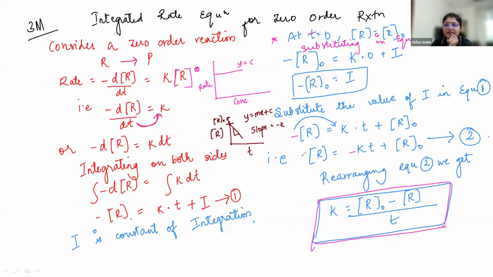We have drawn this graph from this particular equation, the second equation. So minus k is the slope with t, and your intercept is R naught. Got it? So this is your integrated rate law equation for zero order reaction.